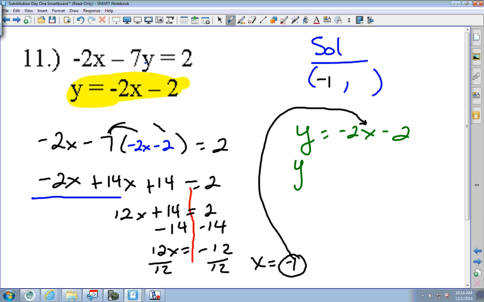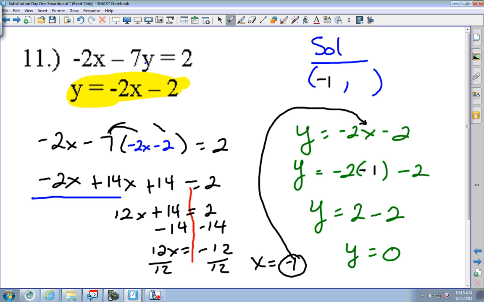I get y equals negative 2 times negative 1 minus 2. Y equals negative 2 times negative 1, positive 2, minus 2. Y equals 0.